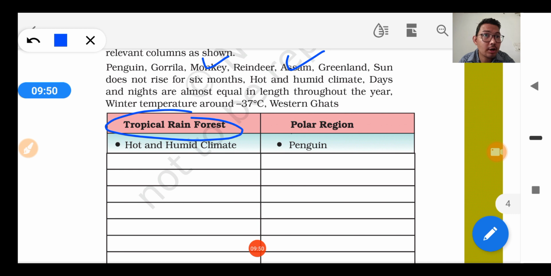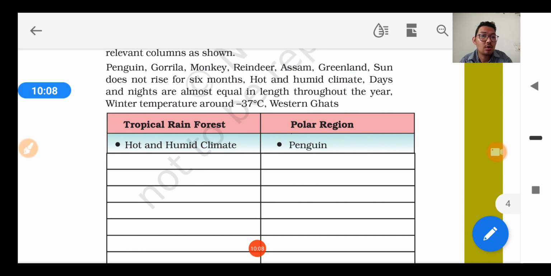Hot and humid climate is there, and day and night are almost equal in length throughout the year. And Western Ghats, yes, Western Ghats is a tropical rainforest area.